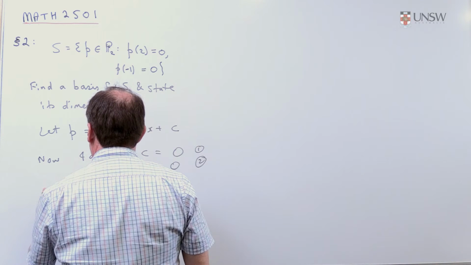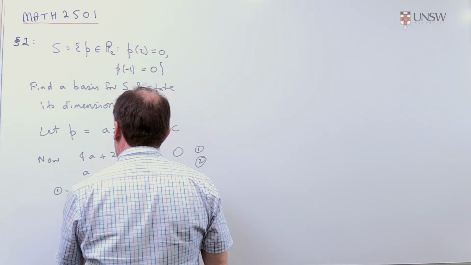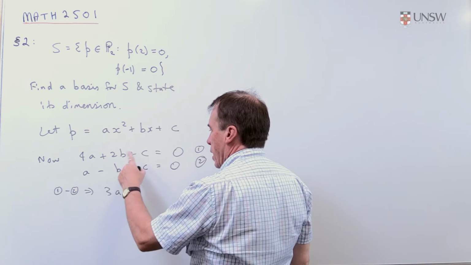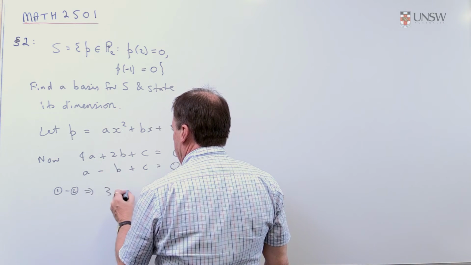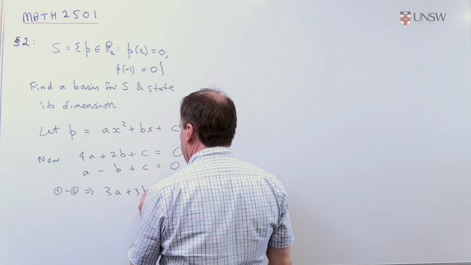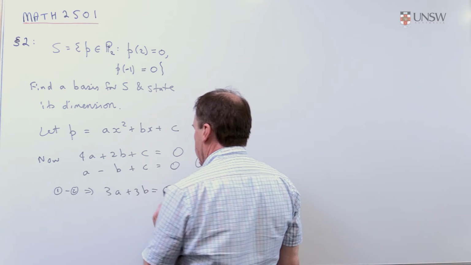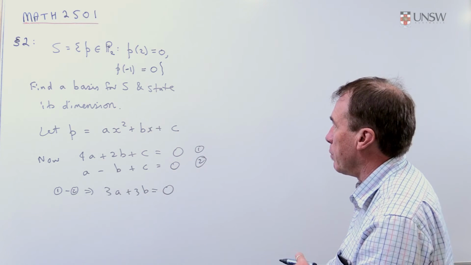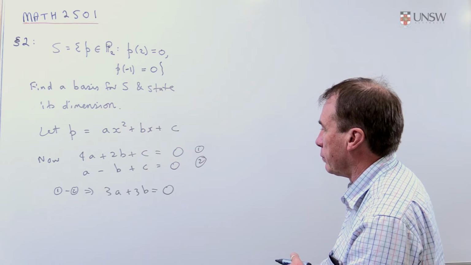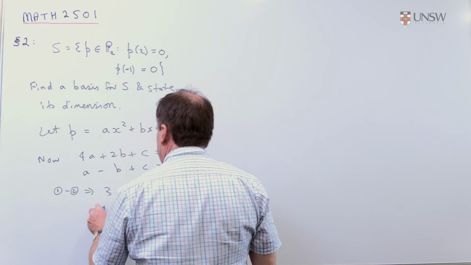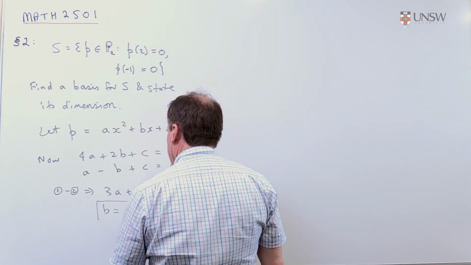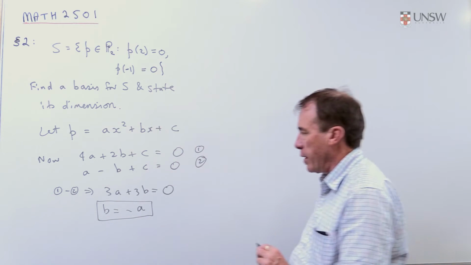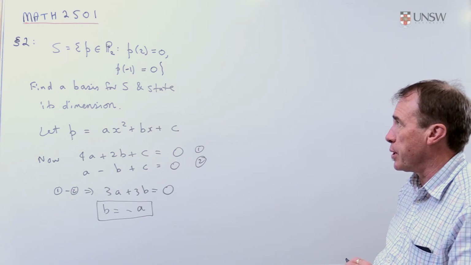I'll take equation 1 minus equation 2, and that will give me 3a plus 3b equals 0. And that tells me then that I can replace b with minus a. So let's hold that thought.